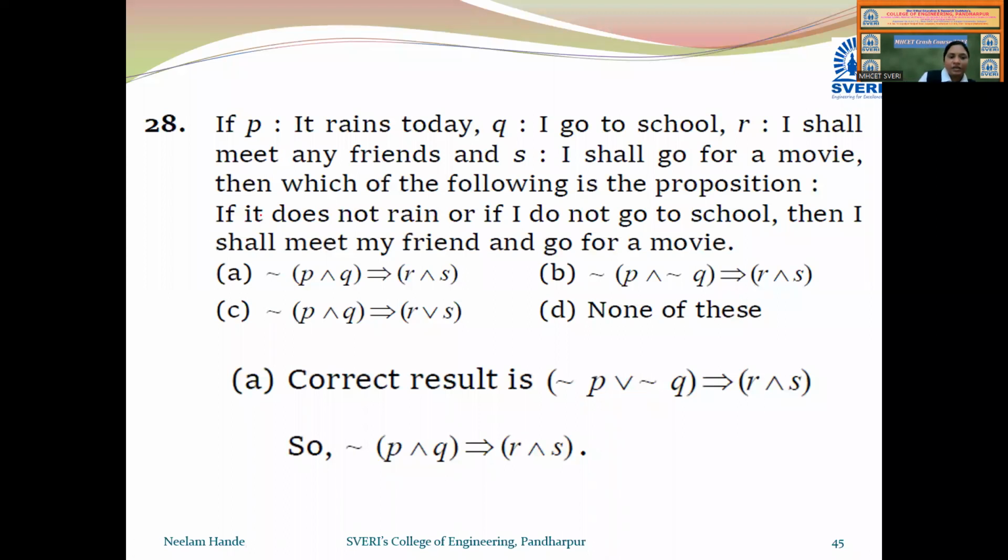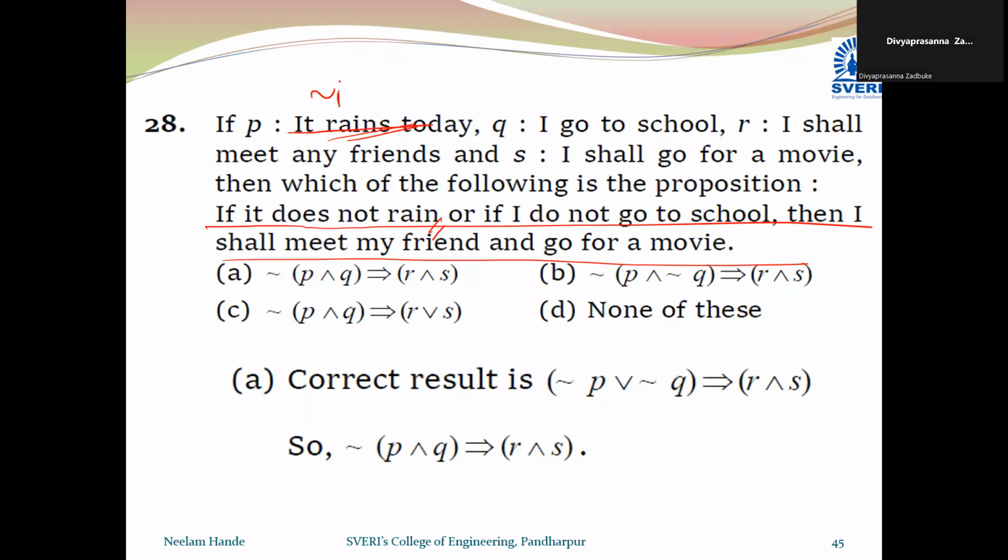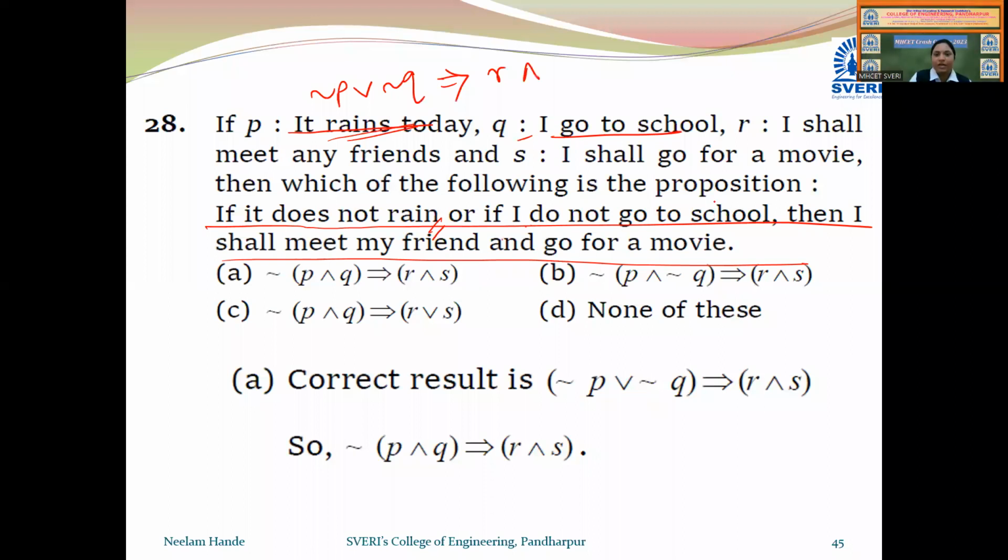If it does not rain, negation P. Or in the middle, or. If I do not go to school, negation Q. Implication. Then I shall meet my friends, R, conjunction, and go for a movie, S. Simple as it is.